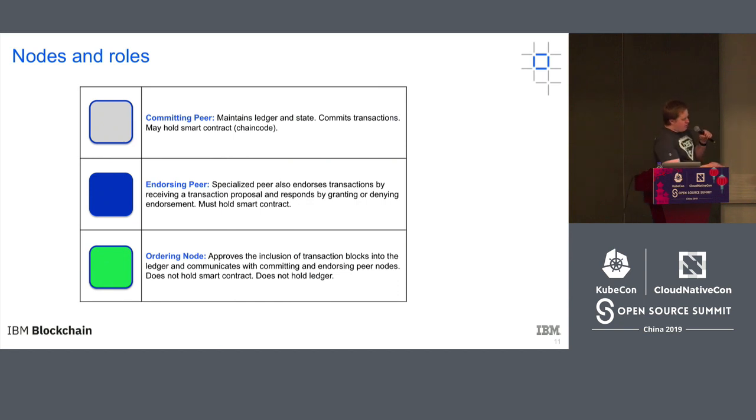The last type of node is the ordering nodes, and that provides the consensus mechanism to determine which transactions are written to each block and in what order. They don't execute anything. They just get transactions from clients and try to order them into a block.